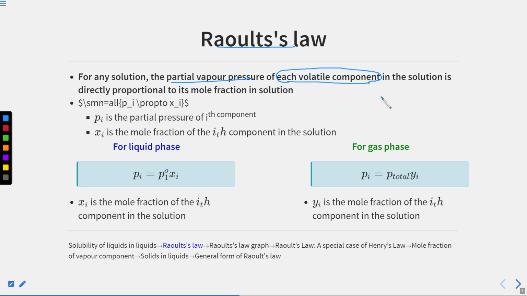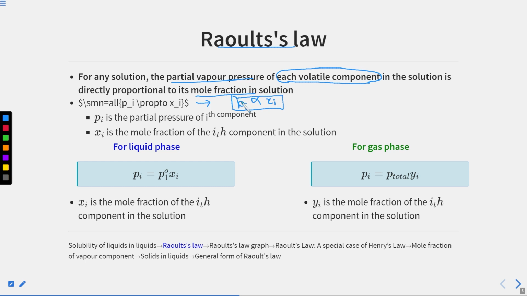For a solution, the partial pressure of each volatile component in the solution is directly proportional to its mole fraction. It will be written as Pi directly proportional to Xi. So this is the formula that we have here.